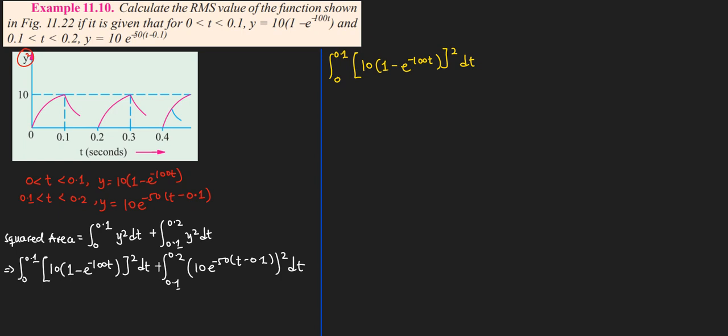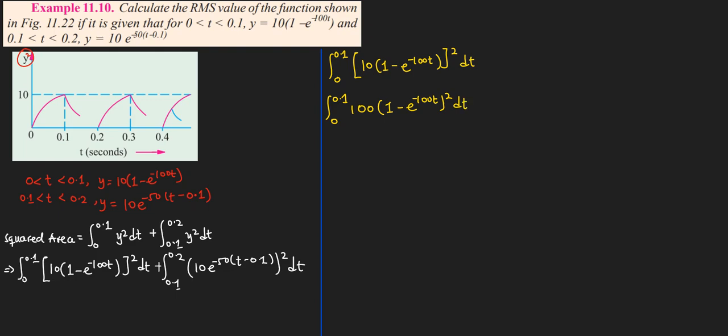Because of the squared, you're going to have the integral from 0 to 0.1 of 100, because 10 squared is 100, multiplying (1 minus e to the power minus 100t) squared dt.